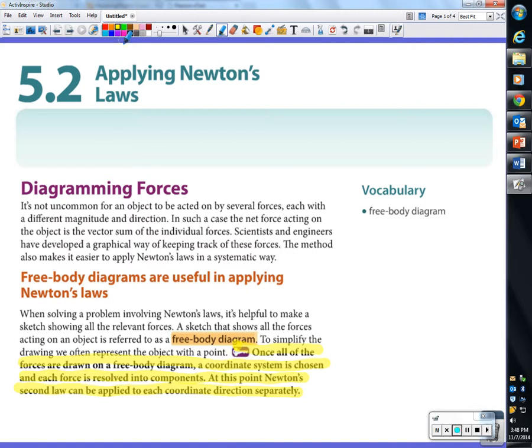So, we introduced the idea of Newton's second law earlier last week, and we said that Newton's second law is summarized with that equation, right? Sigma F is equal to m times a, where sigma F represents the net force, the vector sum.